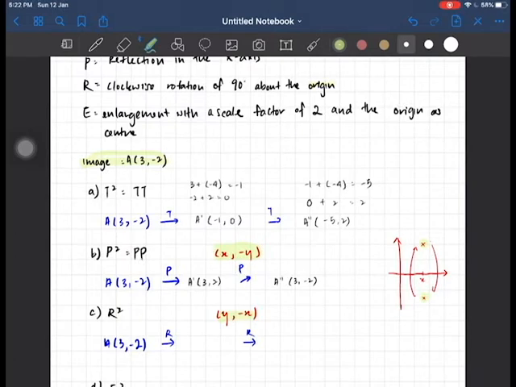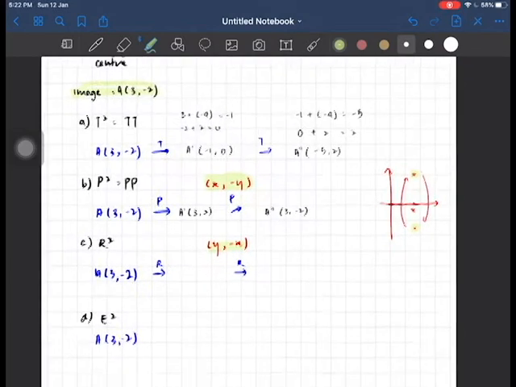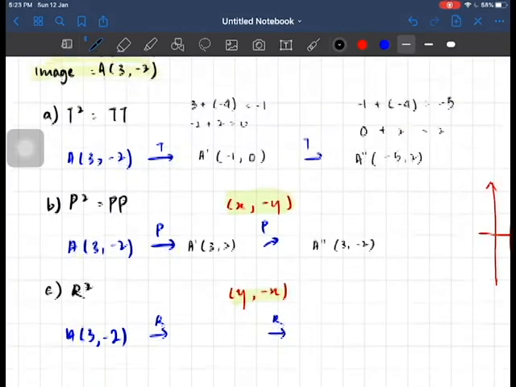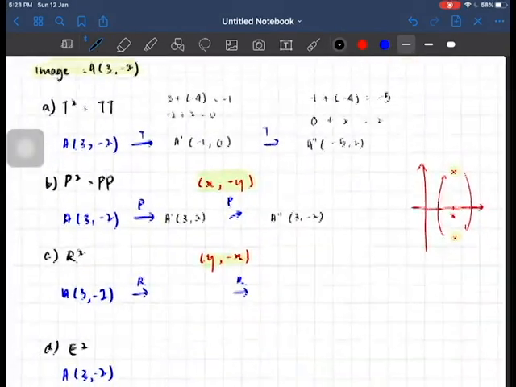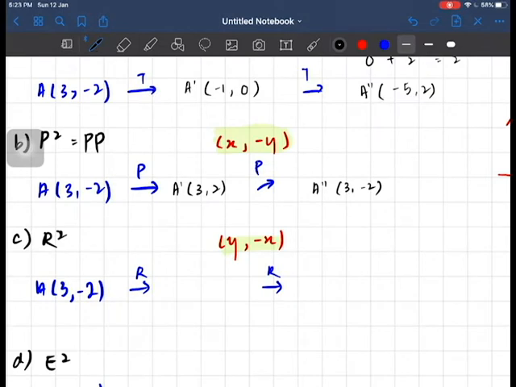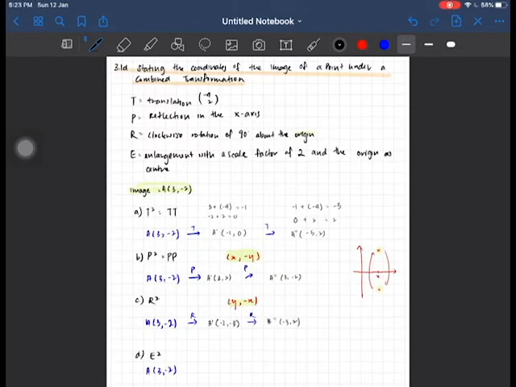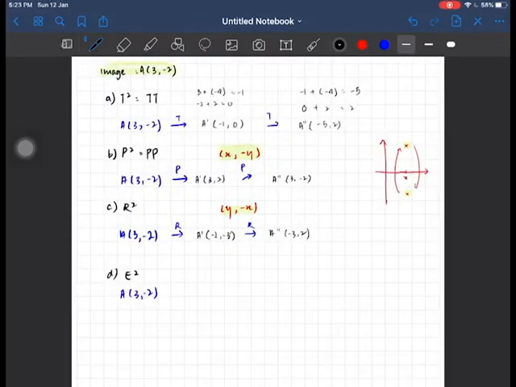And it's 90 degrees. But this formula can be used to determine the clockwise rotation of 90 degrees at the origin. So your first image would be -2, -3. Second image, -3, 2. Which would be better if you actually drew it out to ensure that it's correct, rather than memorizing this formula.